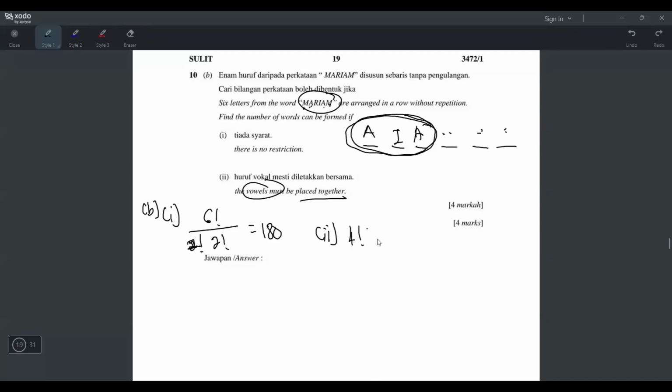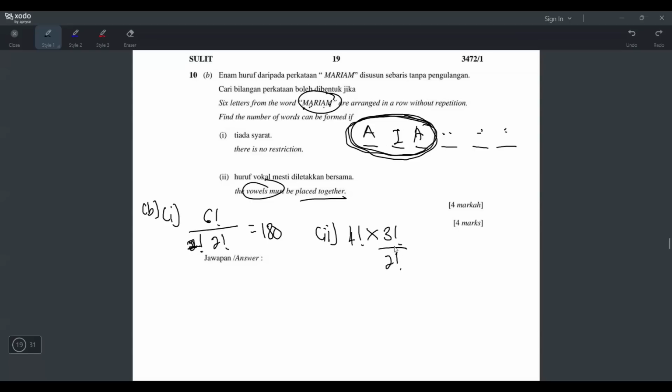But you have to times with something. Don't forget that within this AIA bag, the AIA can arrange itself also. So you have to times with 3 factorial, and since there are 2 identical objects inside, it will be 3 factorial divide by 2 factorial.